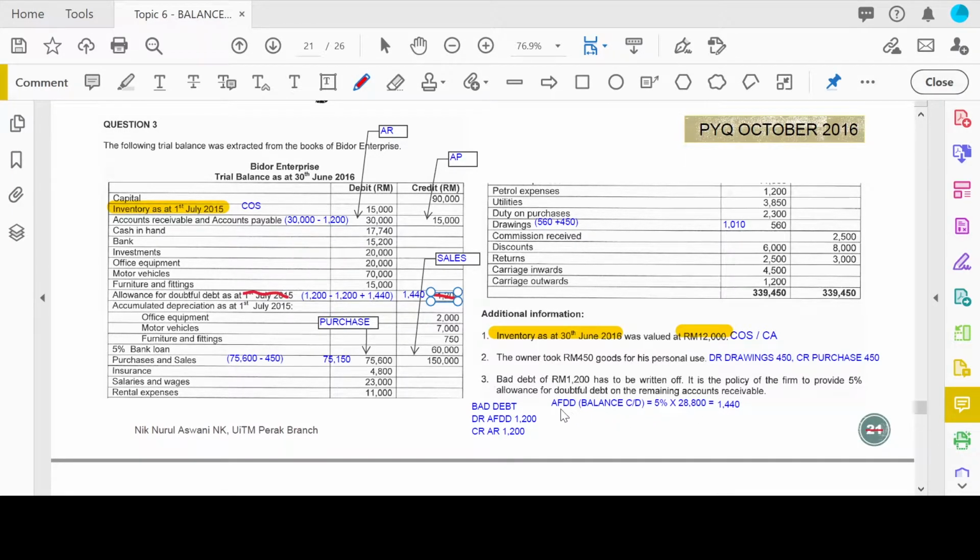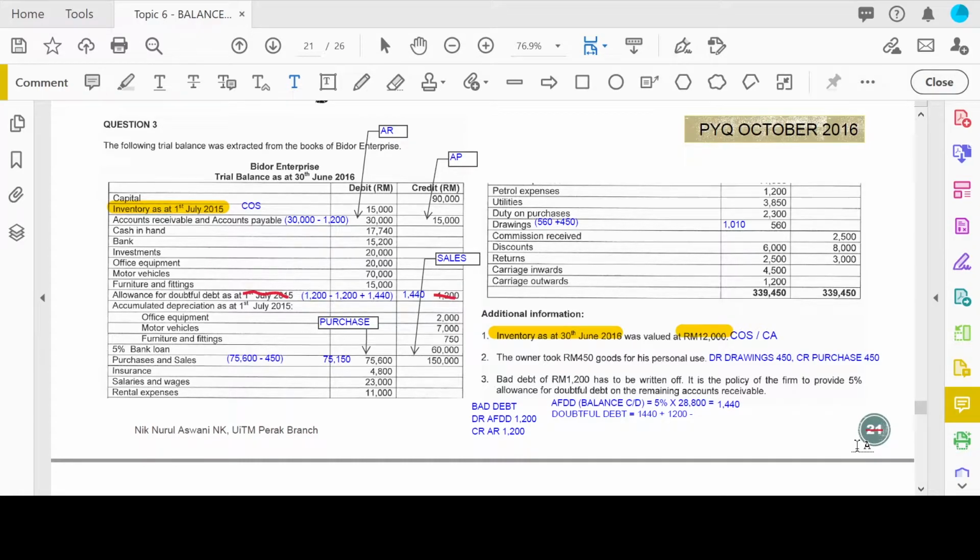If we are going to use the formula that I have explained in the previous slide, how to calculate the doubtful debt: doubtful debt is equal to closing balance, that you have identified above, 1,440, plus any bad debt, 1,200, and then you minus any opening balance.